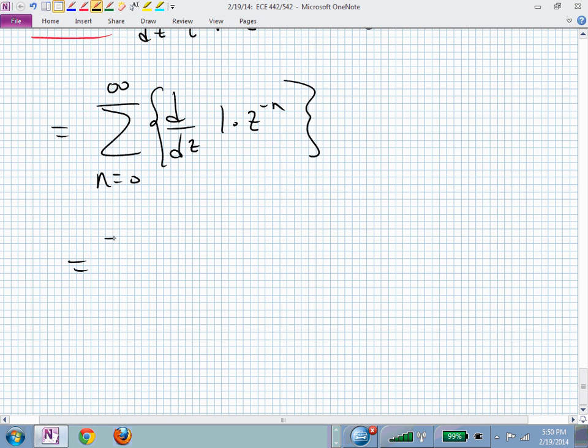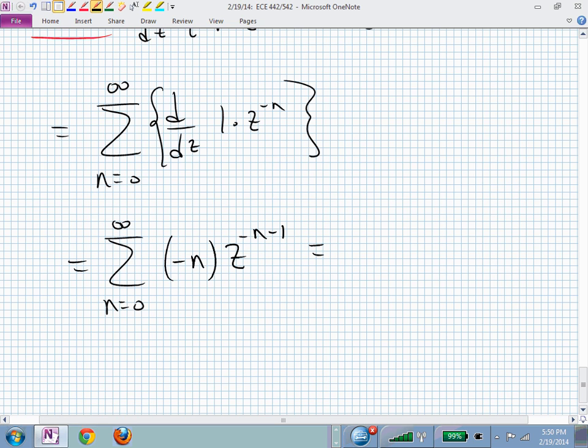If we do that, we end up with minus n, and then we reduce that z to the minus n by 1 in power, and that's now the derivative of the argument of that infinite sum.